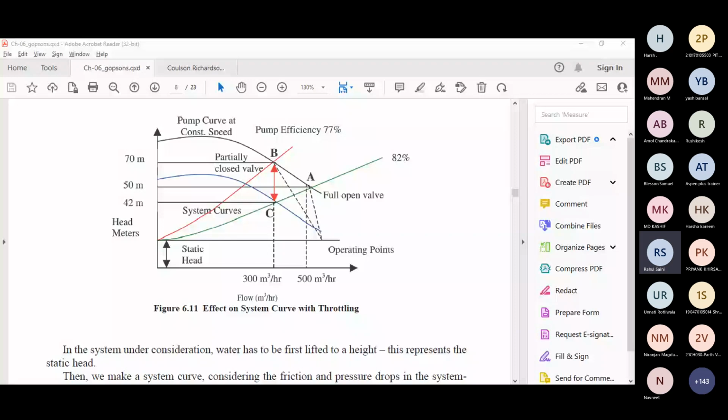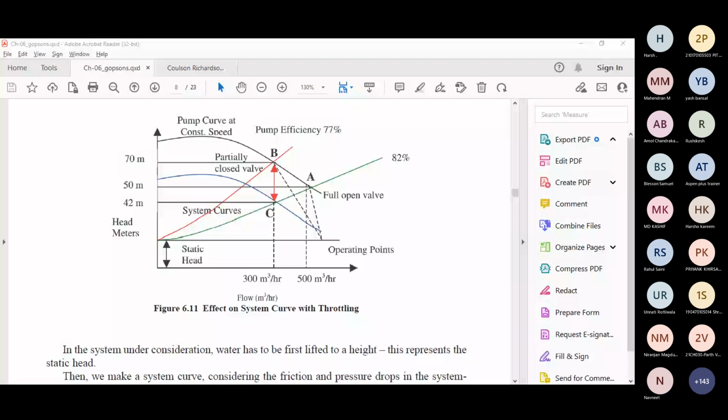Let's take a case study. In some situations, while we used to run the pump, after a certain time, if I'm not getting the suction properly, then it is a normal operation in the refinery that we used to throttle the discharge valve, so that during the startup, I'll get the pressure.